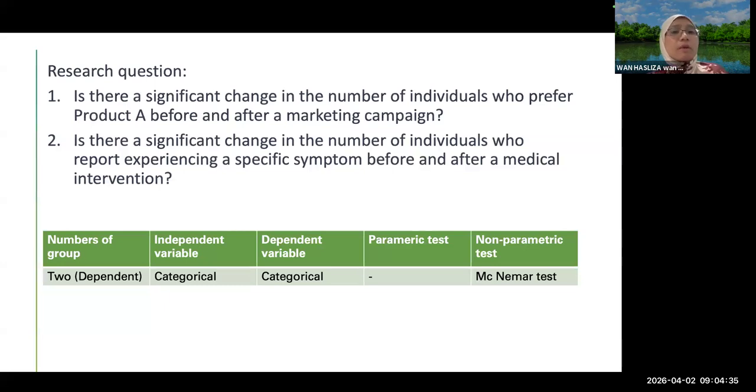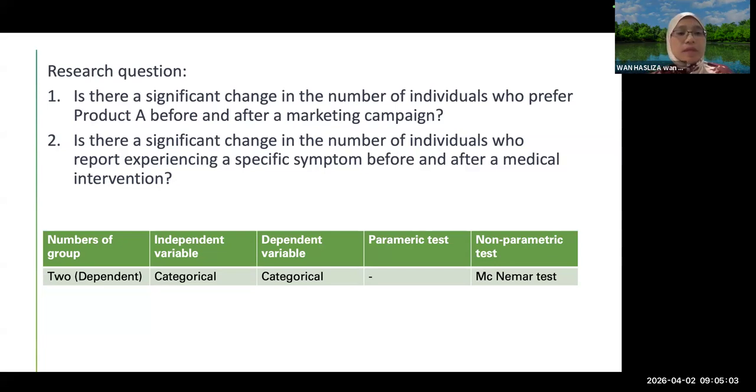That is the outcome of the study. Either the participant will buy product A or not, or like it or not. So you have a categorical outcome, and of course you have pre and post. So automatically you know, categorical, and I have pre and post, so the test is known as McNemar test.